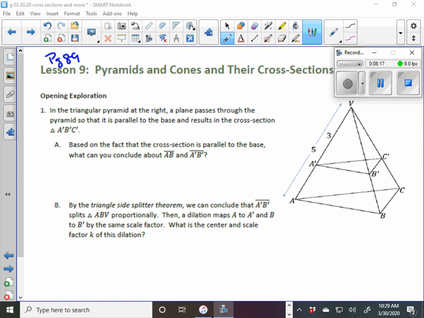In this case, you'll notice that the cross sections here tend to be smaller than the base. And what we're going to discover, or figure out real quick, is that these end up being proportional to each other in the same way that the sides are proportional.